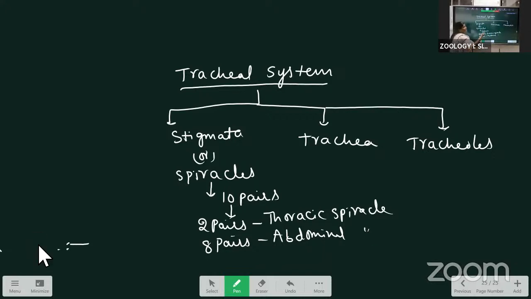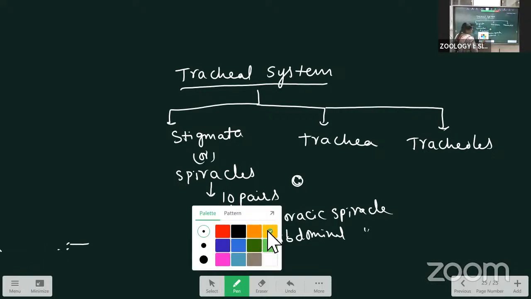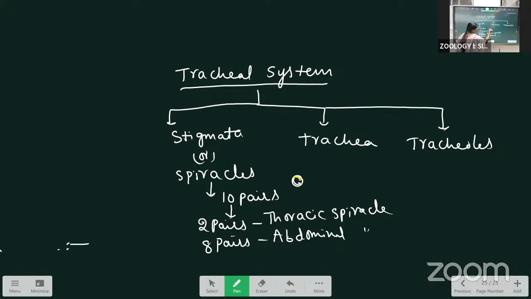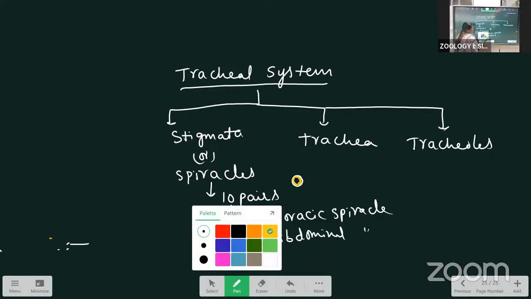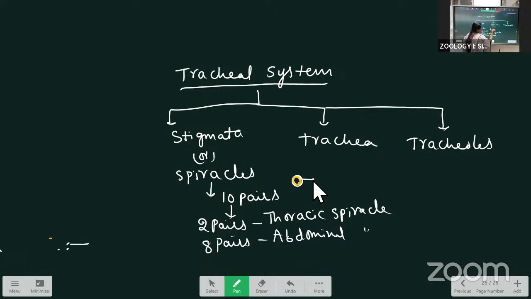All the spiracles, all the openings, are valvular. They have valves, and the opening is surrounded by a chitinous ring. This chitinous structure we call the peritreme. Inside the peritreme, a number of hair-like structures are present.